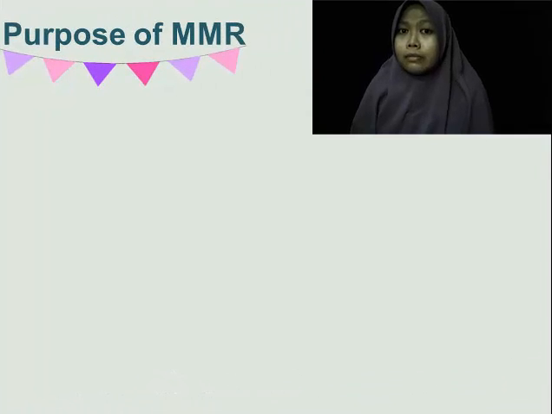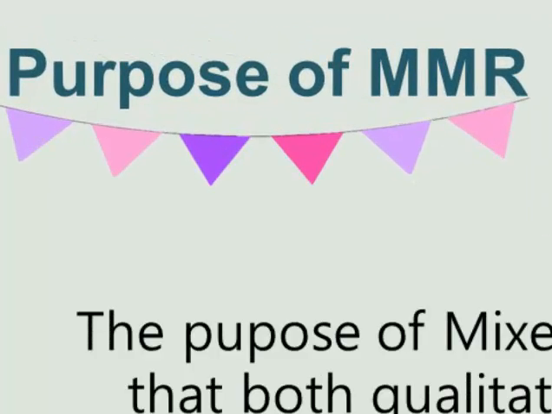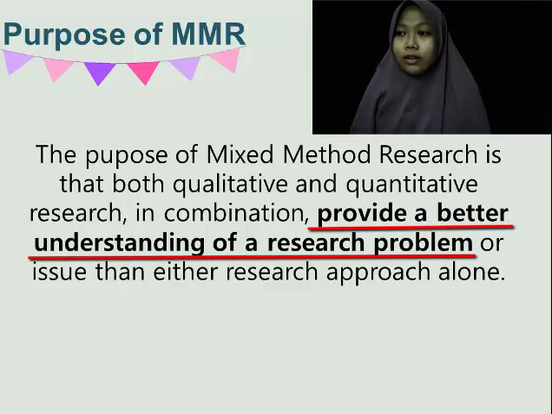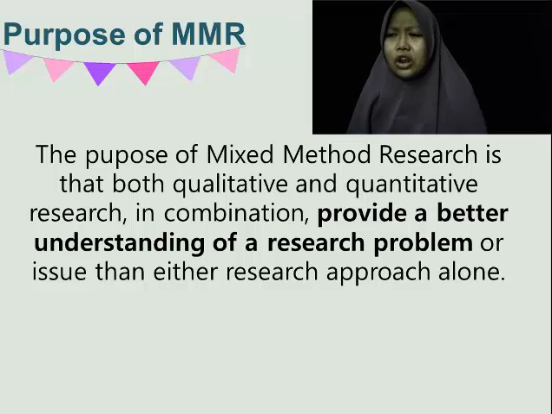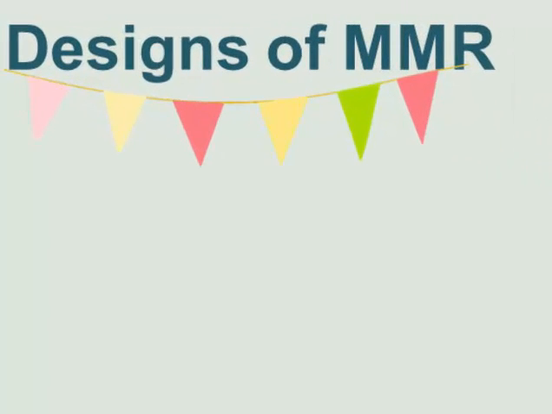As we know, mixed method research is combining quantitative and qualitative research. And the purpose of mixed method research is to provide a better understanding of a research problem or issue than either research approach alone.